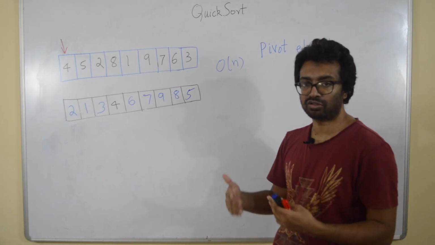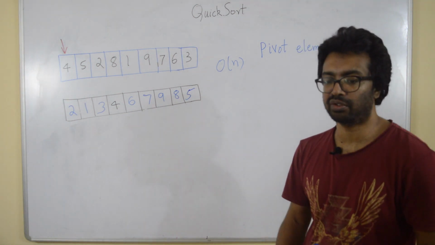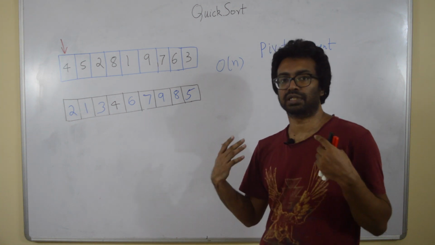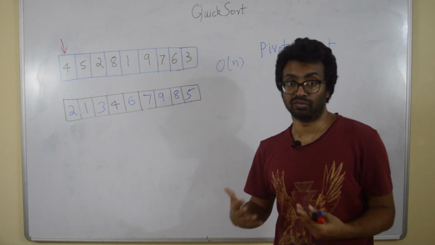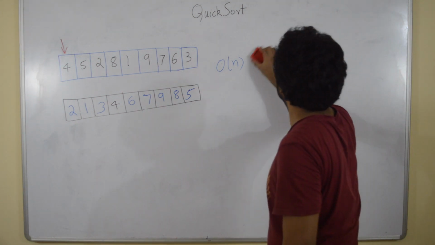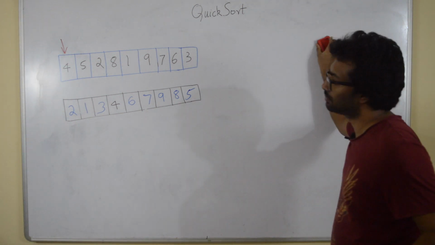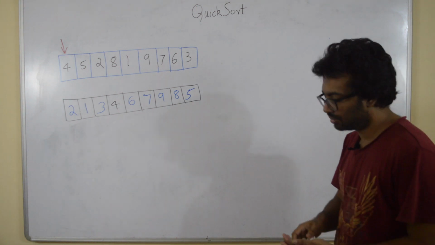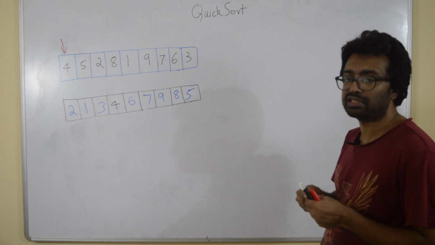So we can draw the tree and see what happens in the worst case scenario and the non-worst case scenario. Okay, so in the worst case scenario, what can happen?